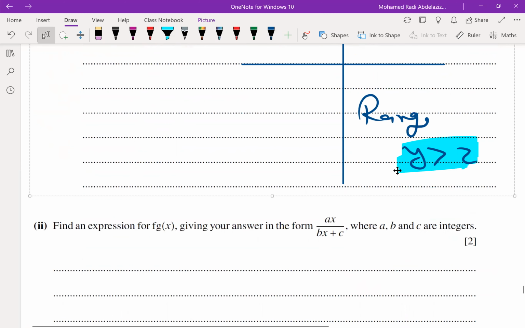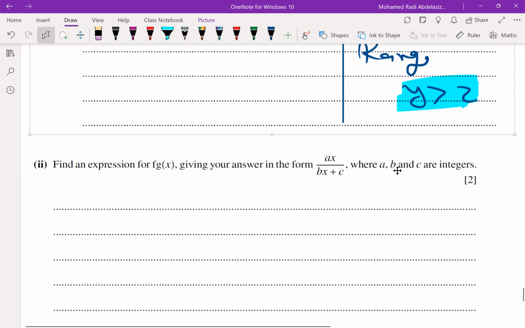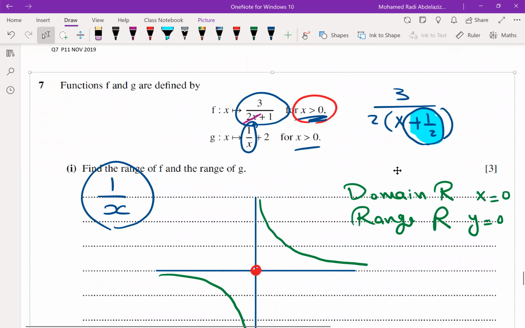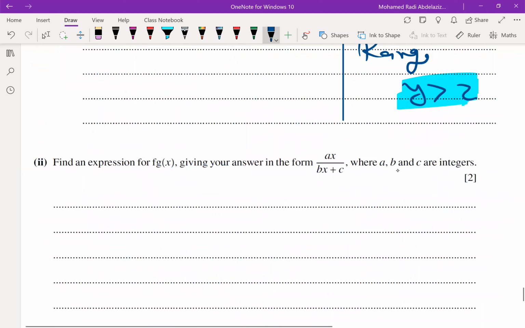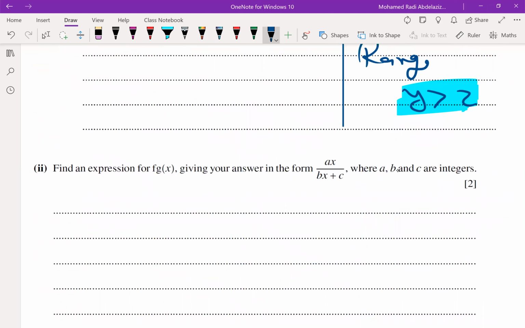Part 2: he asked to get fg(x), giving your answer in the form ax over bx plus c. How to get fg(x)? Substitute g into f. So we remove x and write g: 3 divided by 2 times g(x) plus 1.